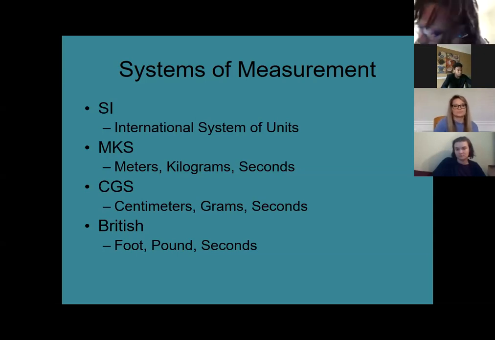So in the United States, you will see some things measured in the British system, and then you will see other things measured in one of the metric systems, as long as you can differentiate what they are. But the Systems International and the MKS systems have the same 3 basic units. So in the Systems International, their basic units are also meters, kilograms, and seconds.